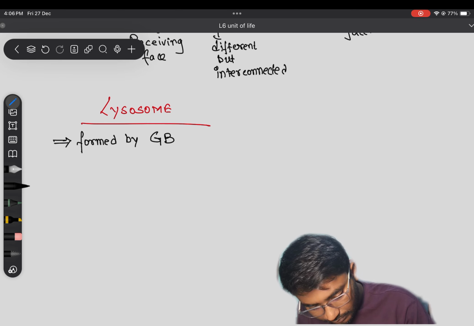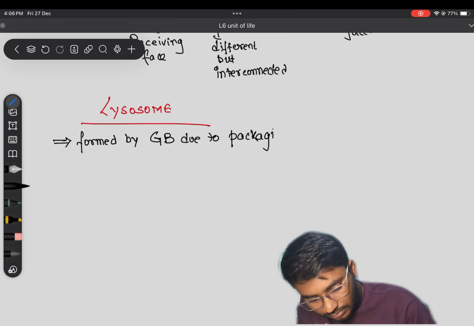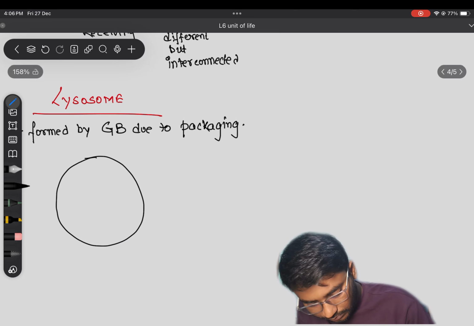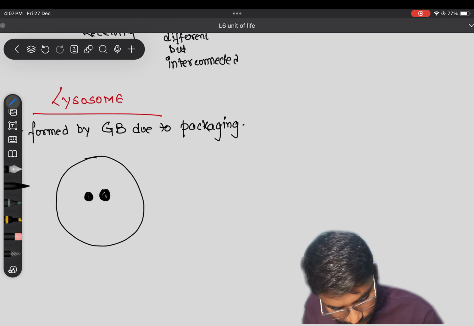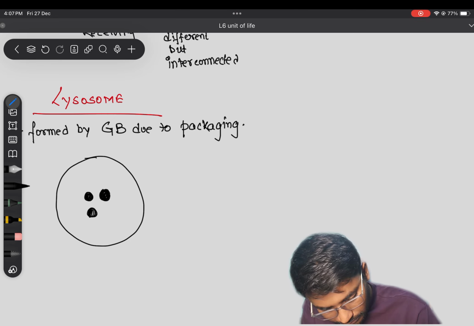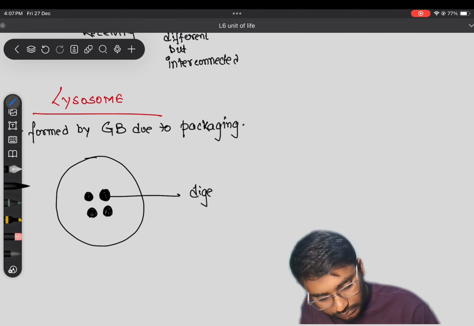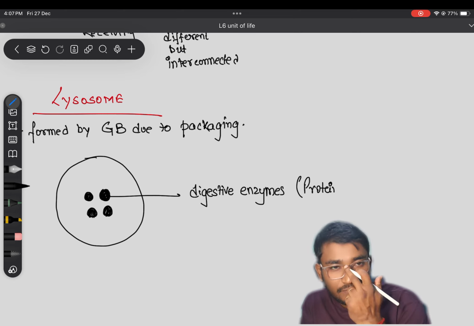Formed by Golgi body due to packaging. Digestive enzymes, in bracket proteins. Basically the digestive enzymes are proteins.